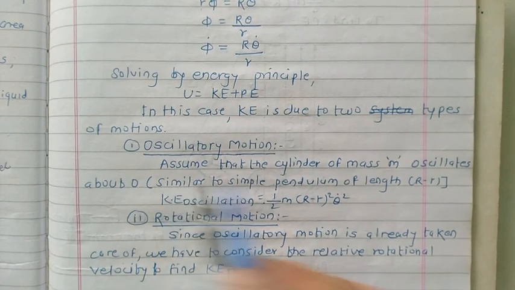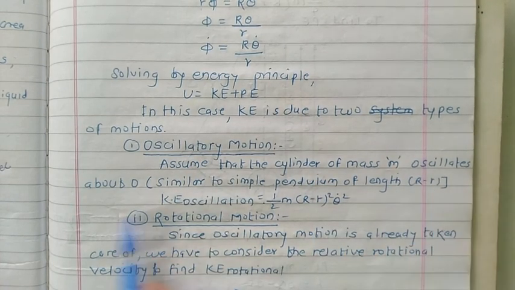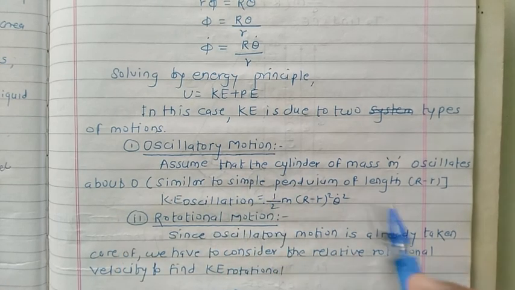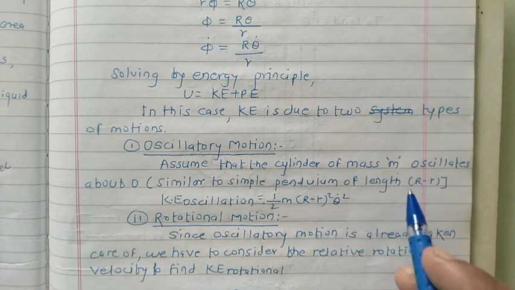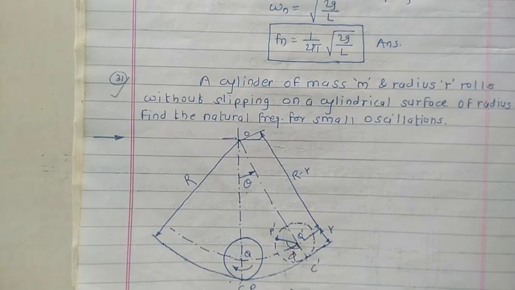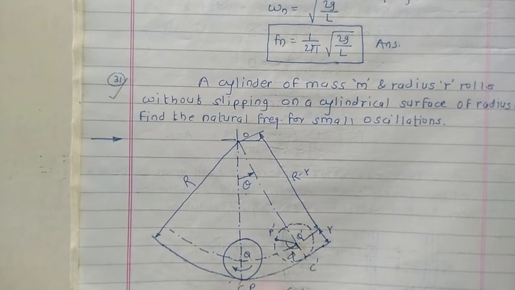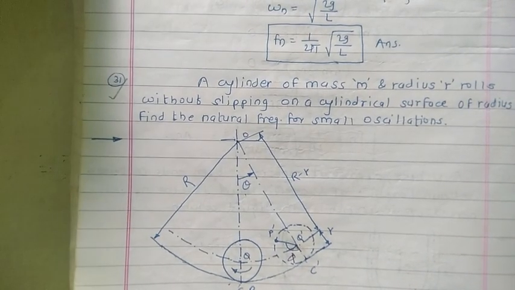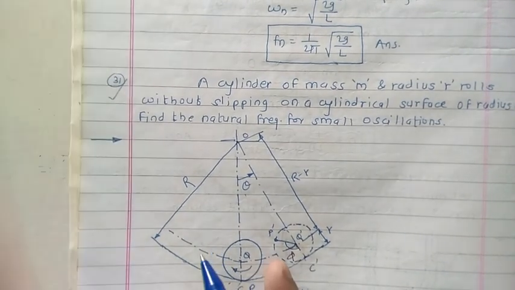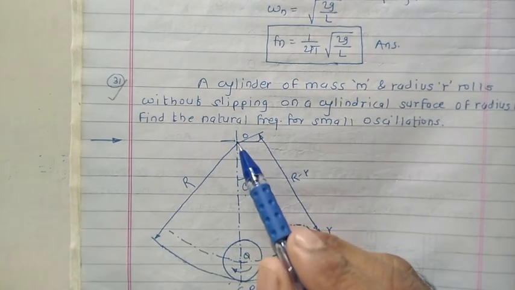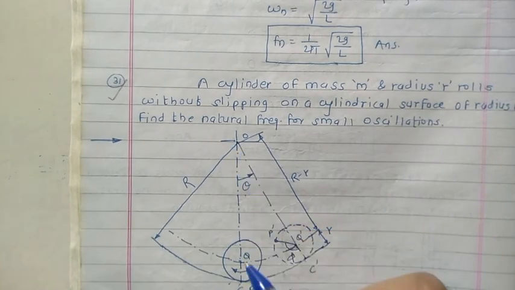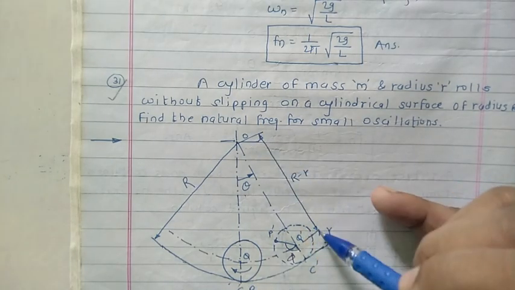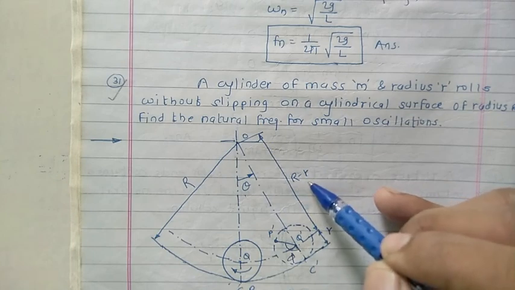Assume that the cylinder of mass m oscillates about O, similar to a simple pendulum of length capital R minus small r. So this cylinder oscillates about this point O, similar to a simple pendulum. What is the length for this one? The length is capital R minus small r.